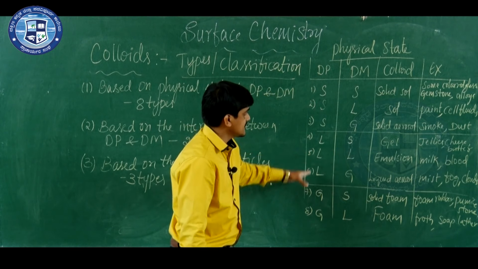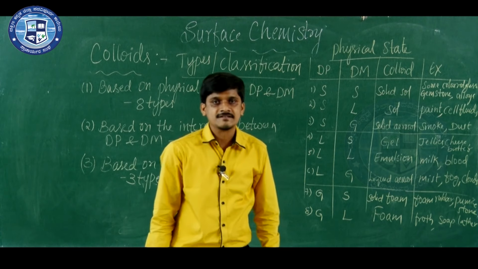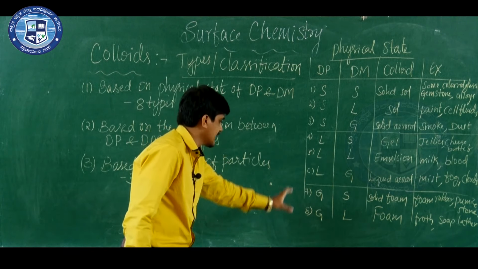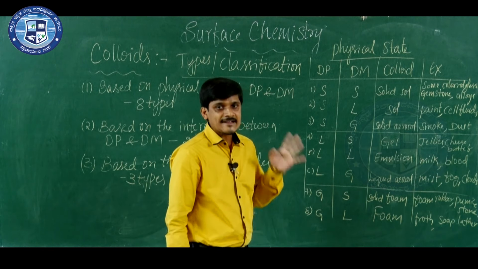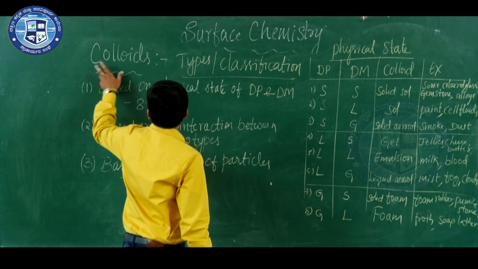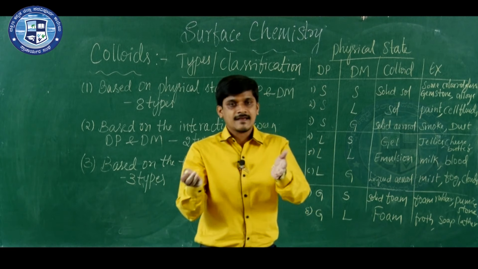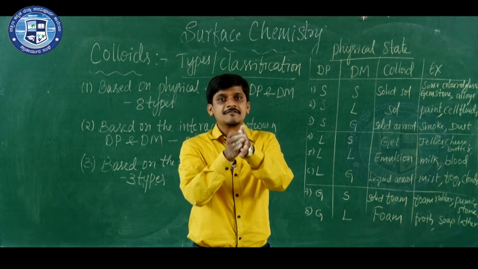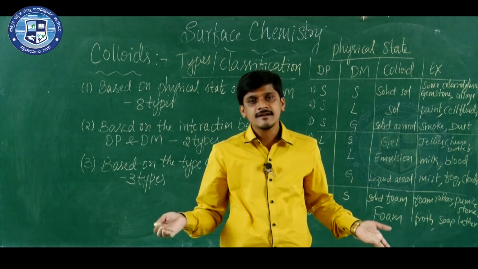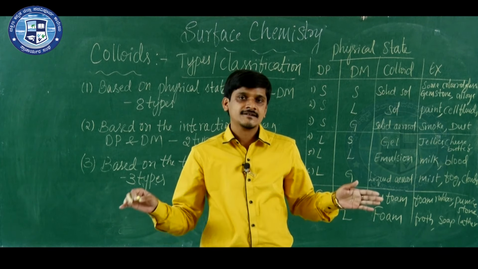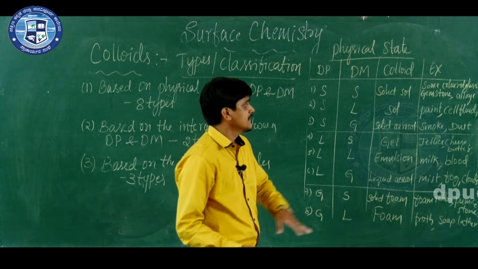See here, these are the 8 types based on the physical state of dispersion phase and dispersion medium. So in colloids there are 8 types. Another thing to note: gas and gas does not exist, because according to the definition, colloids should be heterogeneous, whereas gas and gas mixing forms a homogeneous mixture. If it forms a homogeneous mixture, then colloidal solution formation does not take place. Therefore gas in gas, as dispersion phase and dispersion medium, cannot be there.